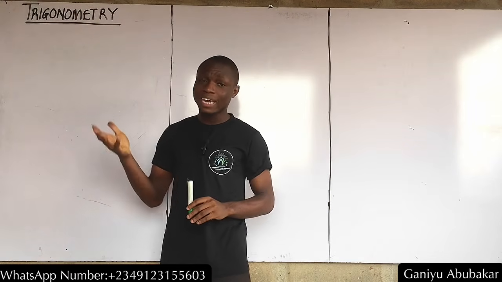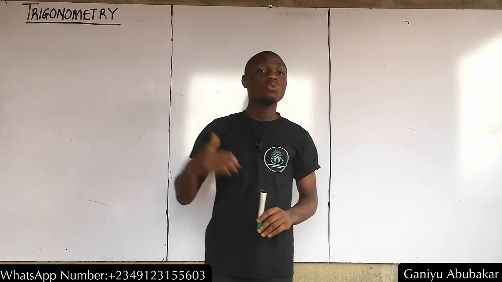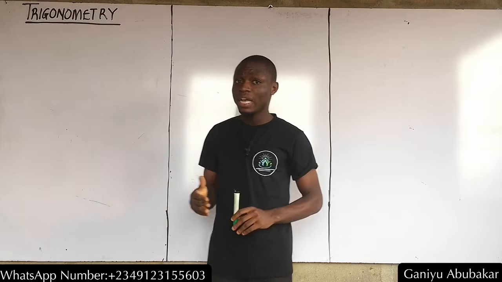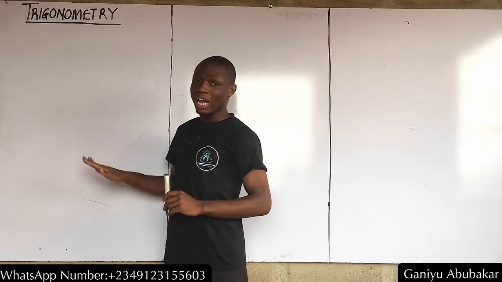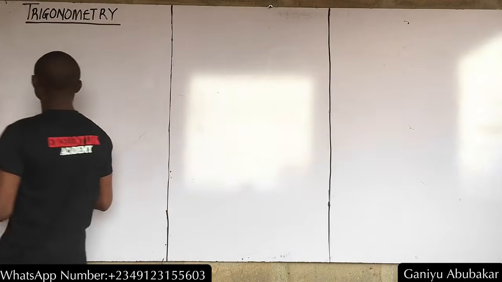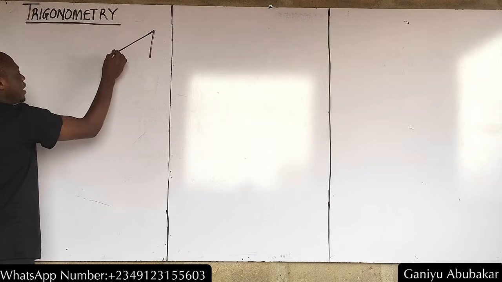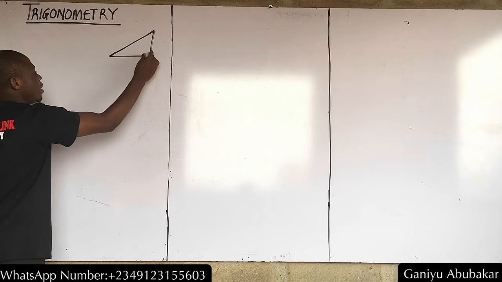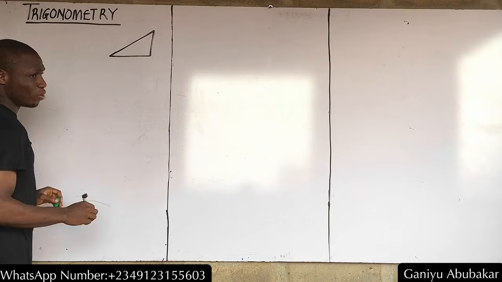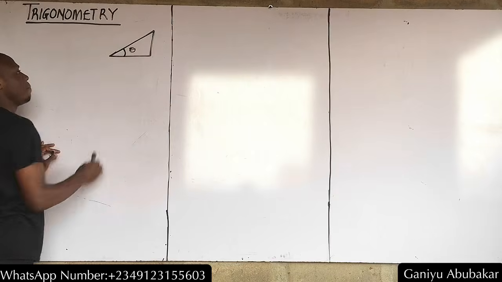Because I just said that trigonometry is simply the ratio of right angle triangle. That is to say, any diagram I'll be drawing here is majorly a right angle triangle. Let's say I have a right angle triangle. Let me call this angle theta.